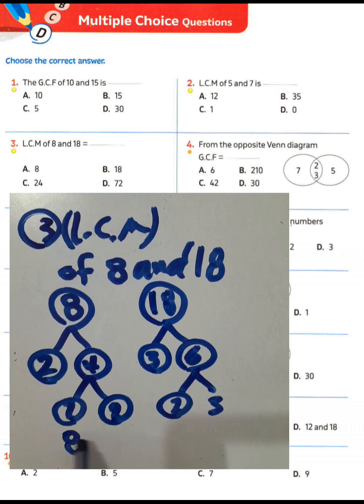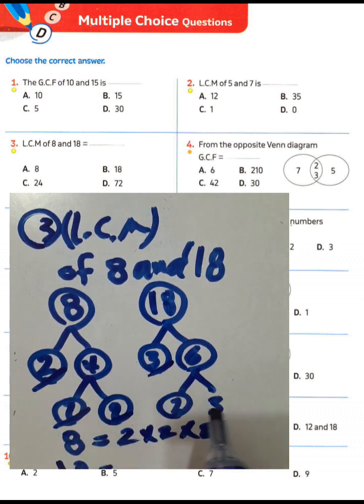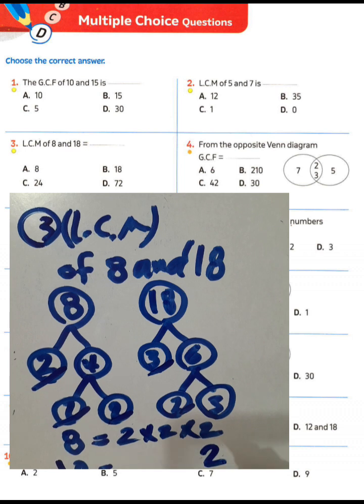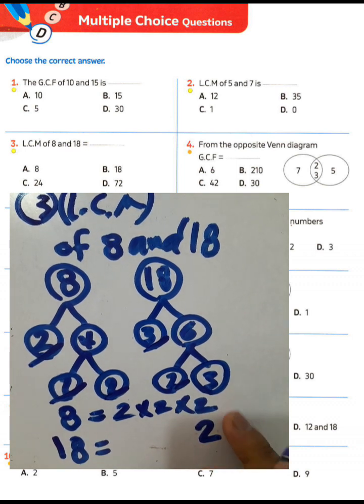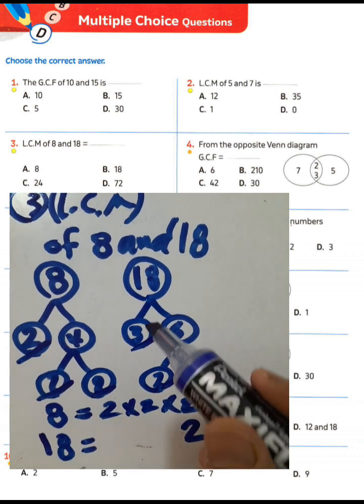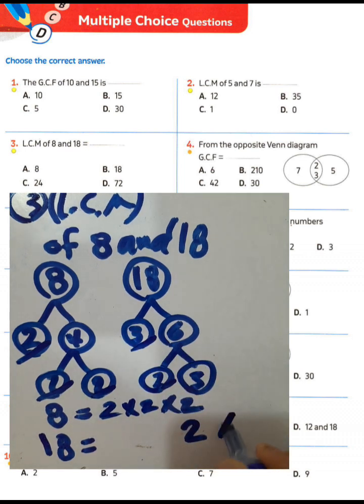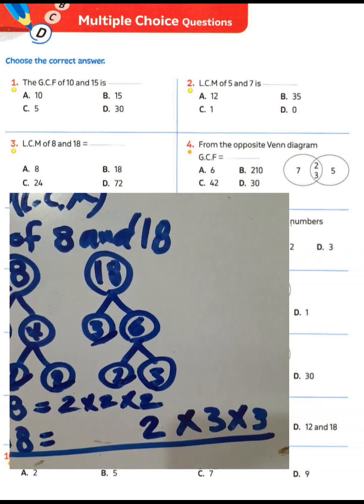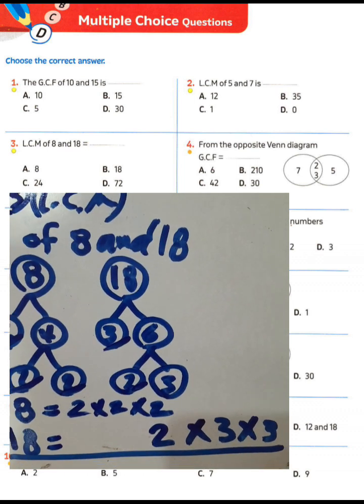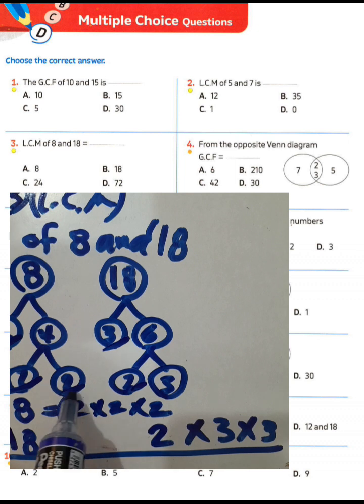Then we can write 8 here as 2 times 2 times 2, and 18 equals 3 times 2 times 3. Write 2 under the digits here, and 3 and 3 right outside here. Okay, and then draw the circle here.